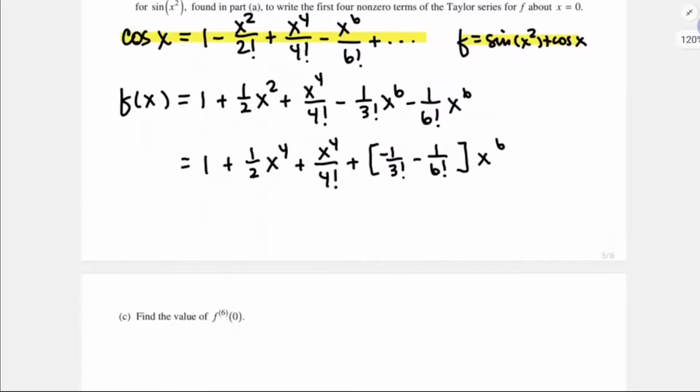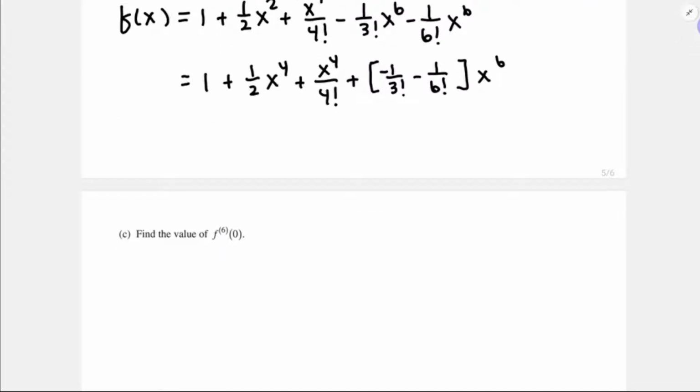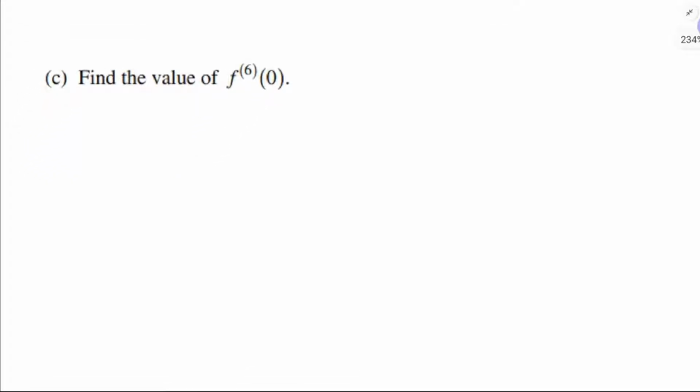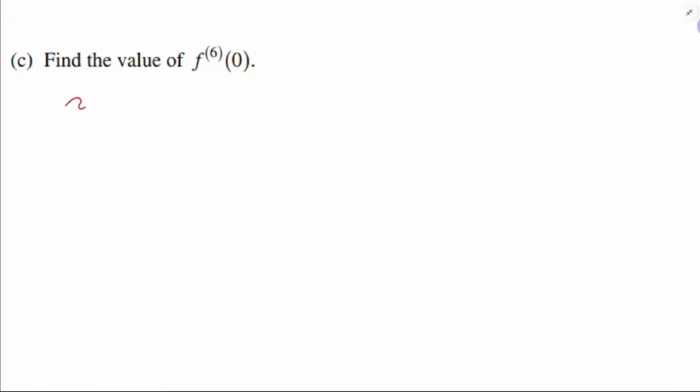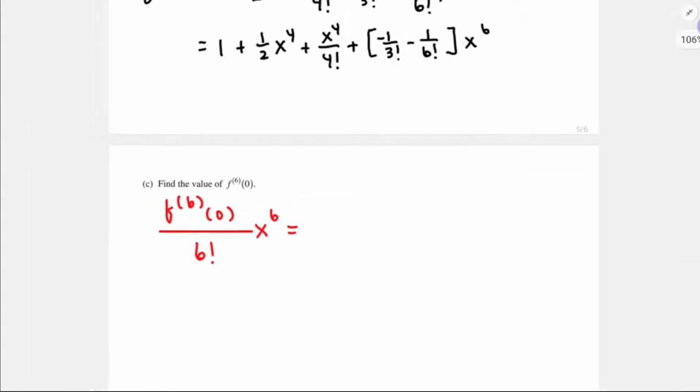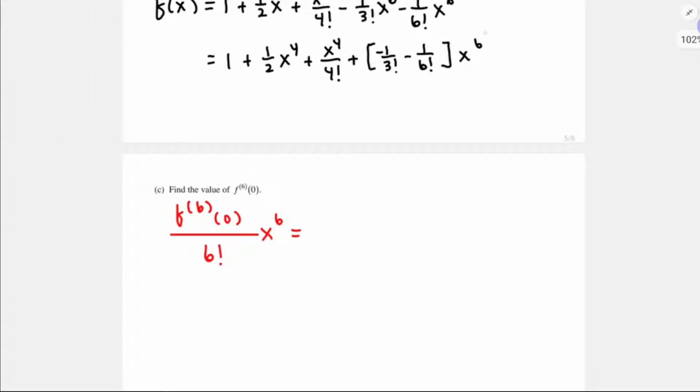around x equals 0. Now we're going to find the value of f's sixth derivative at x equals 0. In order to do that, we're going to want the 6th power term from the Taylor polynomial. Fortunately for us, we did see that there was one. So the value of f's 6th derivative at 0 divided by 6 factorial, going back to the recipe for the Taylor series, multiplied by x to the 6, is going to equal the x to the 6th term in the Taylor polynomial for f, right there.